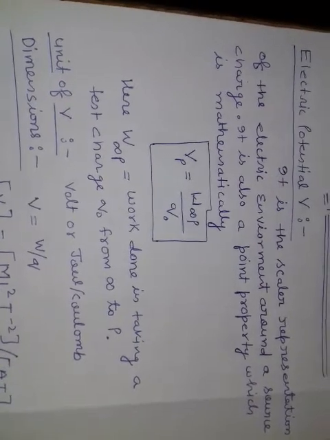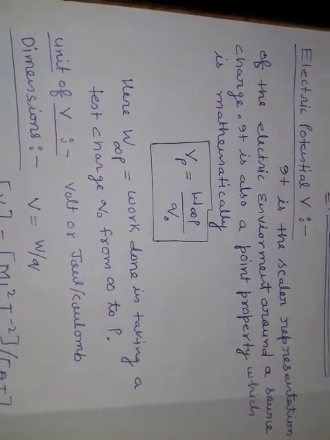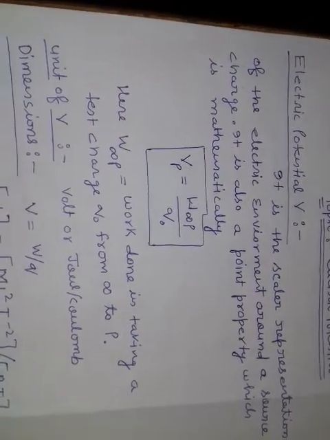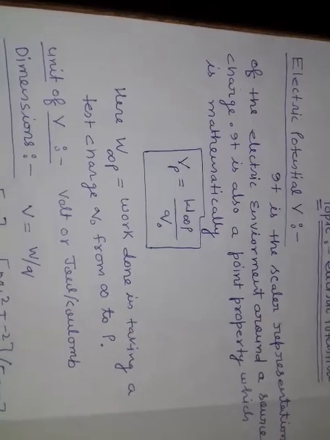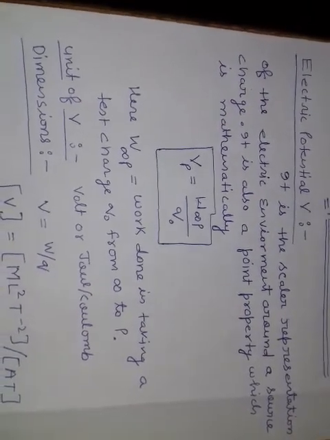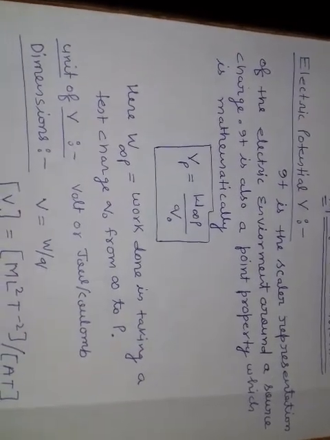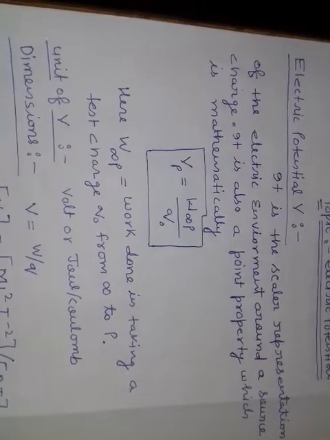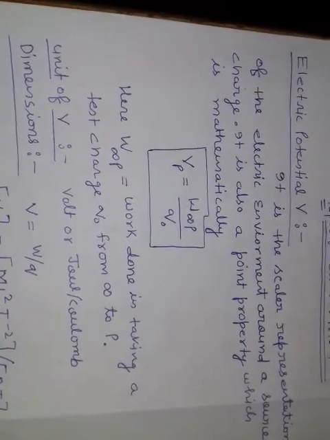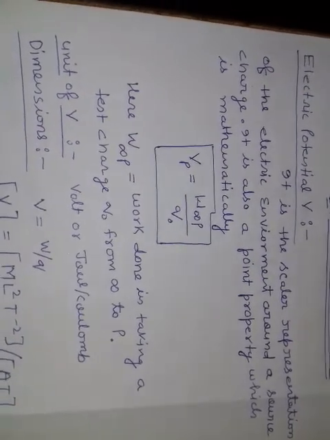Electric field at any point P is the ratio of force experienced by the test charge placed at that point P to its magnitude, whereas potential is the amount of work done in taking Q naught charge from infinity to that particular point P to its magnitude.